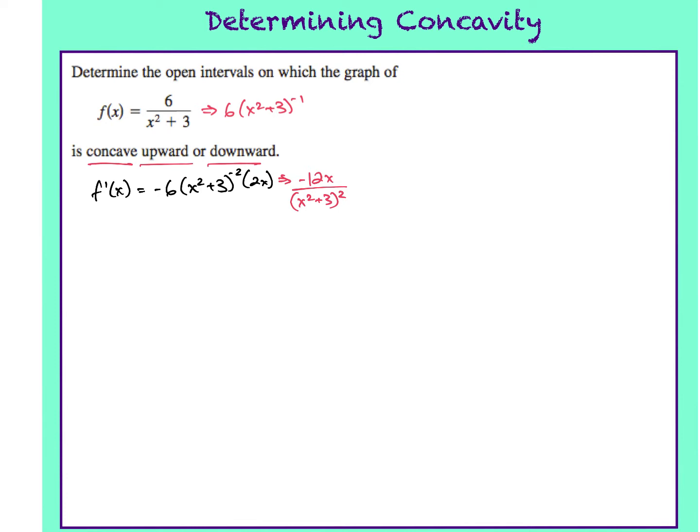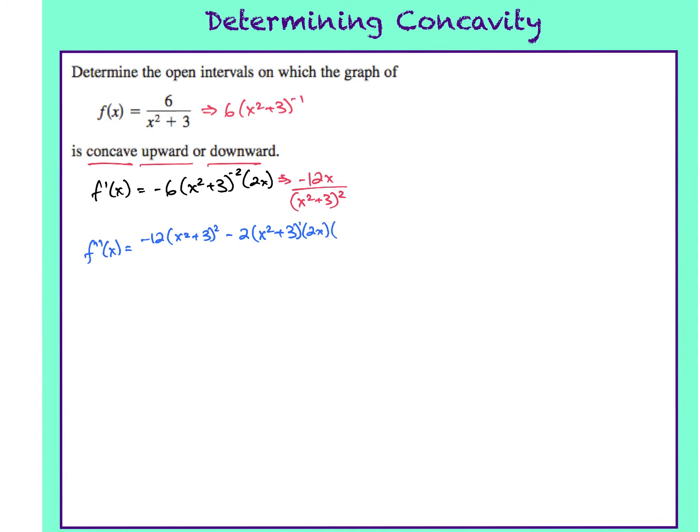Quotient it is. All right, so now I'm going to find f double prime. So the derivative of the top is -12 times (x squared plus 3) squared minus the derivative of the bottom. So what's the derivative of the bottom? 2 times (x squared plus 3) to the first, but what pops out? 2x.